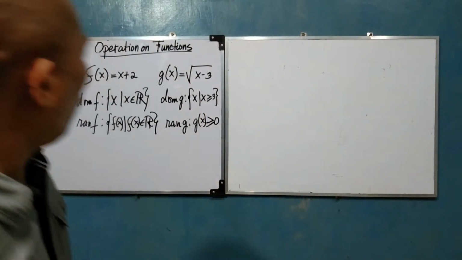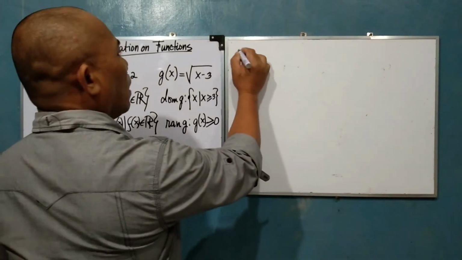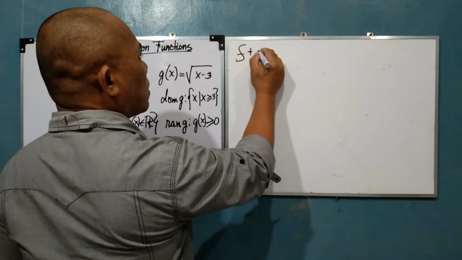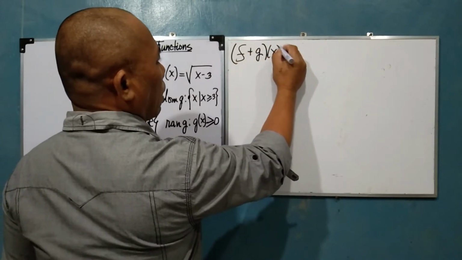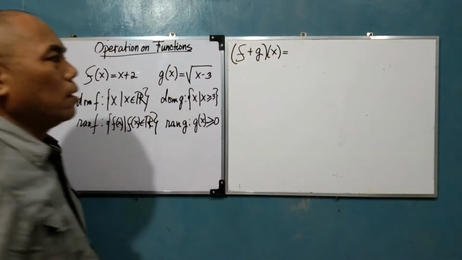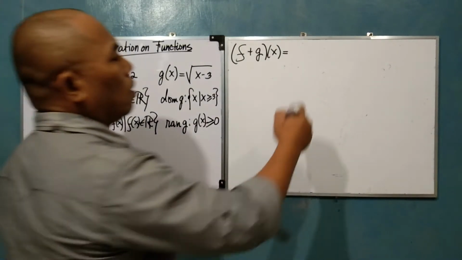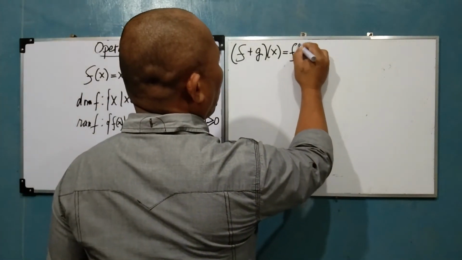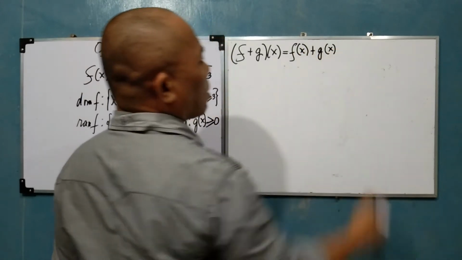Now let's get the operation. Okay, let's have f plus g of x. What is it? All you have to do is simply f of x plus g of x.